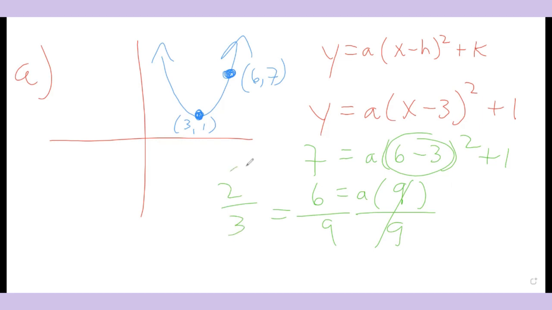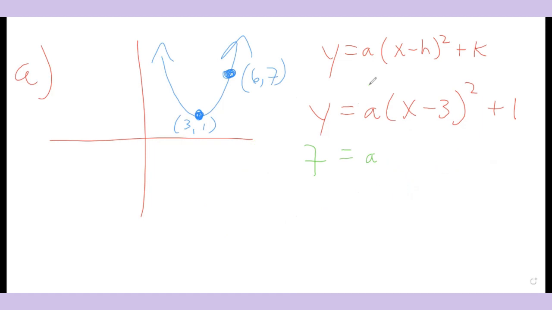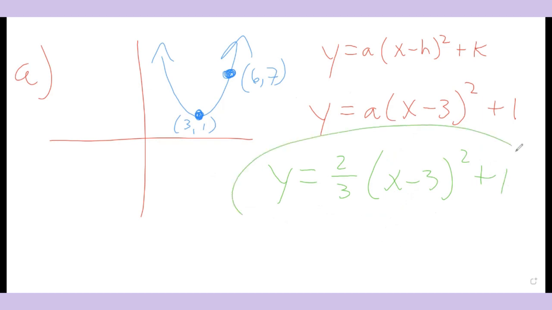So that's the value of a, which we'll plug in right there where the green arrow is pointing. So 2/3 goes in for a. So final answer, y = (2/3)(x - 3)^2 + 1.